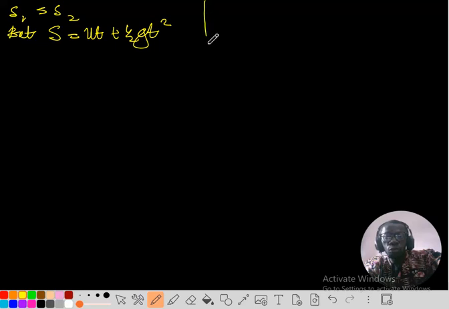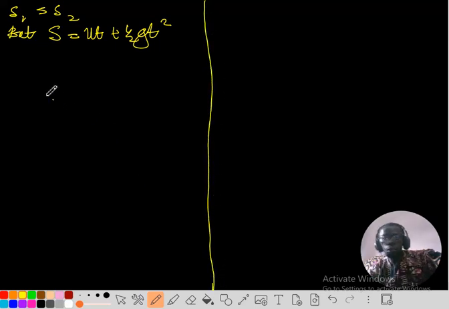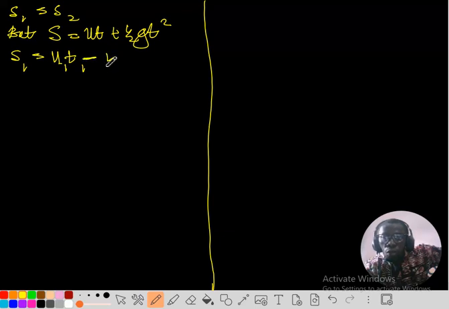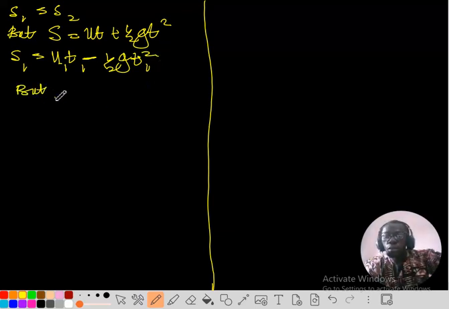Distance for the first object, x1. Now x1 will be the initial velocity for the first object u1, then with t1. Since the object is falling, g becomes negative: minus 1 over 2 g t1 squared. But the time interval, which is t, is t1 minus t2.